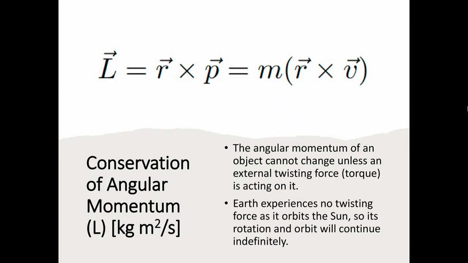The Earth is orbiting the sun, and there's no torques being exerted on the Earth, and so it continues to rotate on its axis and orbit the sun, and it doesn't cost any energy to do that. So conservation of angular momentum is why the Earth can continue orbiting the sun, why the moon can continue orbiting the Earth. And we'll see some more applications for conservation of angular momentum in a second.